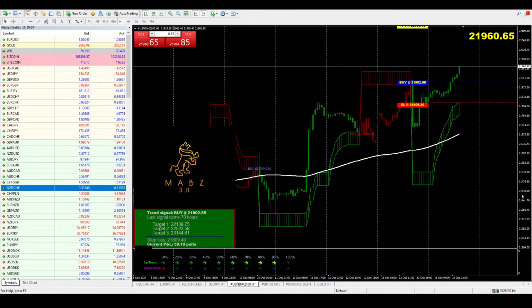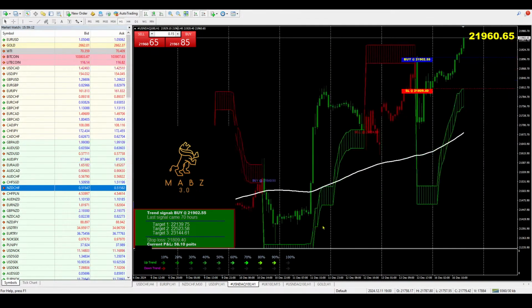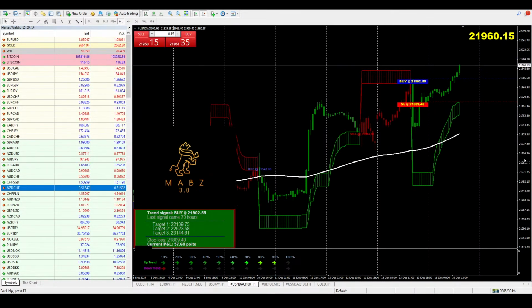Another thing we need to keep in mind is the particular trading session that we're in. It's very important, because if you're in the New York session, you should be trading currencies or indices that are active during that time period.